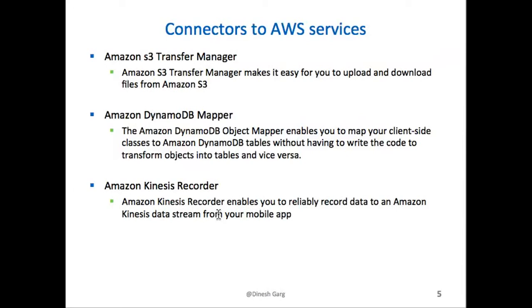For DynamoDB, it enables you to map your client-side classes to Amazon DynamoDB tables without having to write the code to transform the objects into tables and vice versa. That saves a lot of time because it's basically providing you some high-level object relational mapping, and you don't have to really go into the nitty-gritties of accessing it from the mobile application.